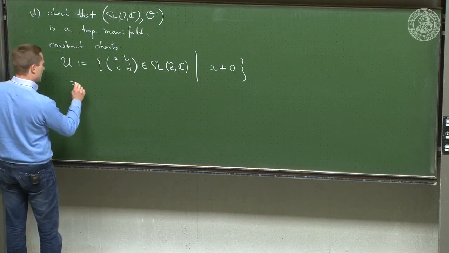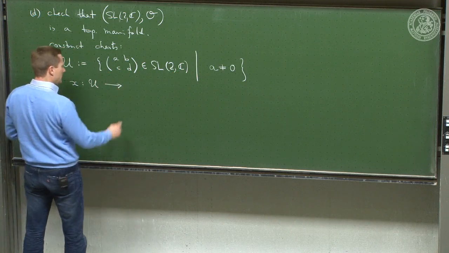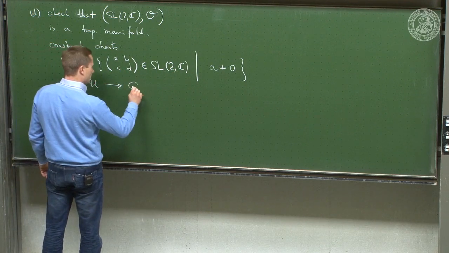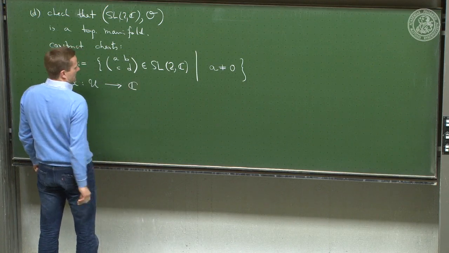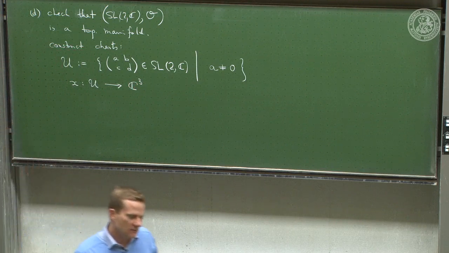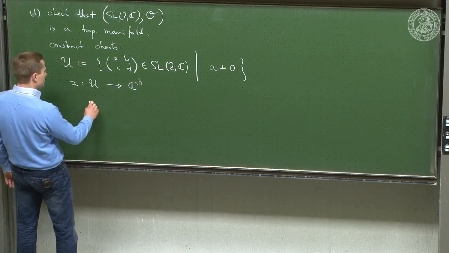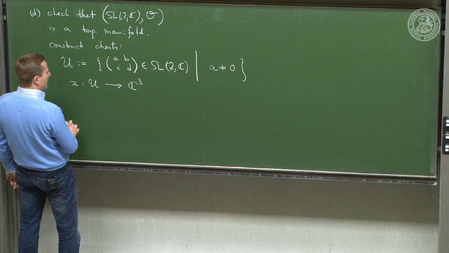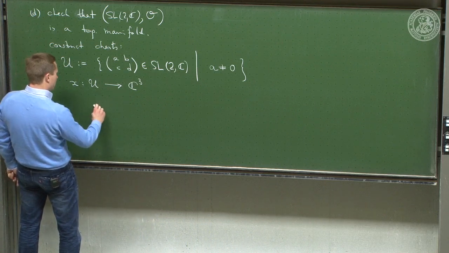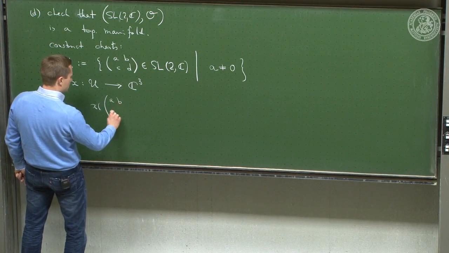Why do I do this? Now I look at the chart map I call X. X goes from the chart domain down to, and let me see whether my intuition is right here, C^3. So our charts are C^3 charts. I take an element in U, and I map it by X. It's a bit funny notation, but let's be precise.